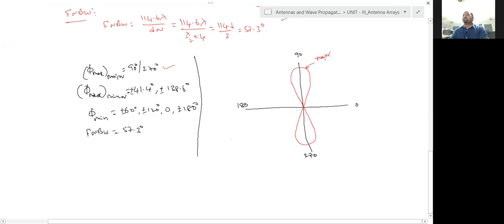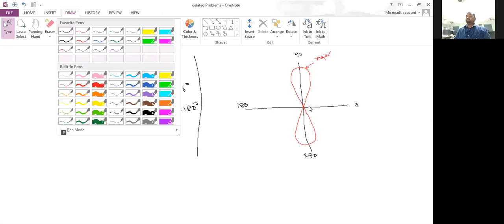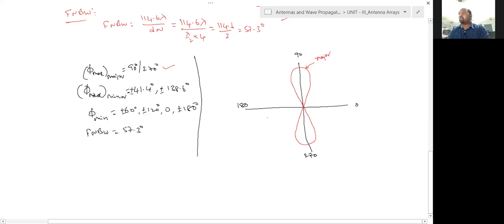Similarly, minor lobes. What are the maximum directions of minor lobes? 41.4 degrees, so somewhere here you'll get it, and similarly minus 41.4 degrees.